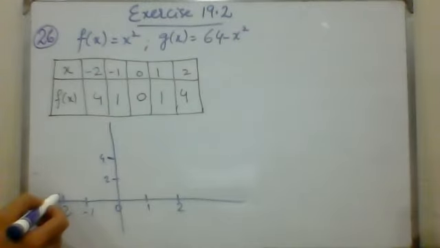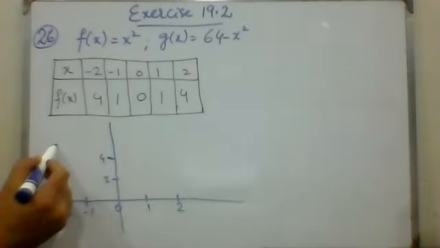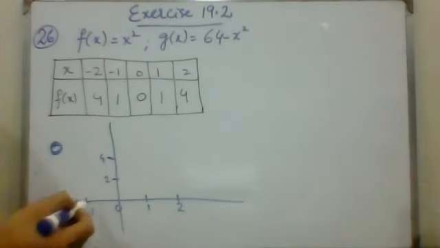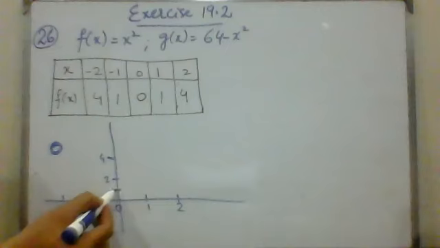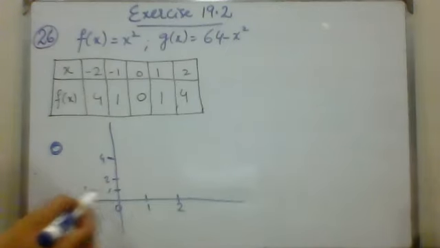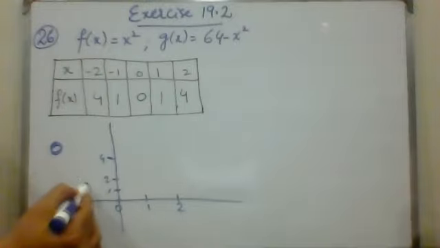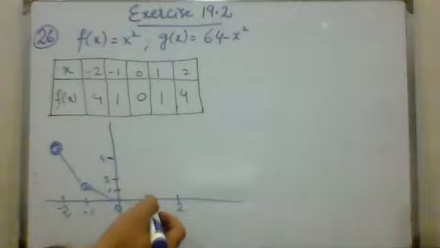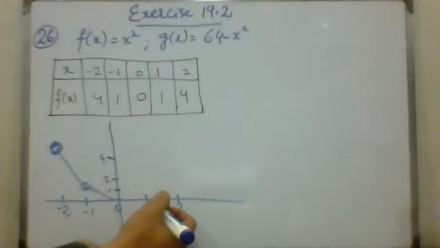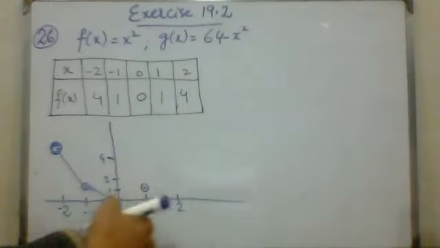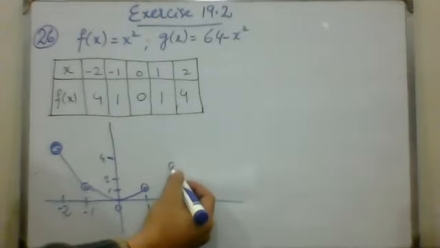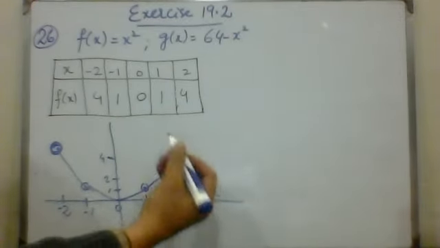That is our first point. Second, against -1 we get answer 1, so the point is here. Against 0 we get answer 0, so our graph is like that. When we put x equal to 1, we get answer 1, that is our next point, and join that, and against 2 we get that point. We have to draw the second graph.